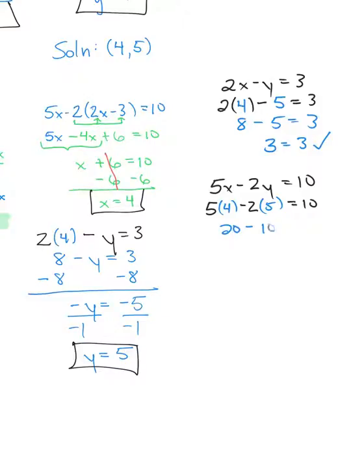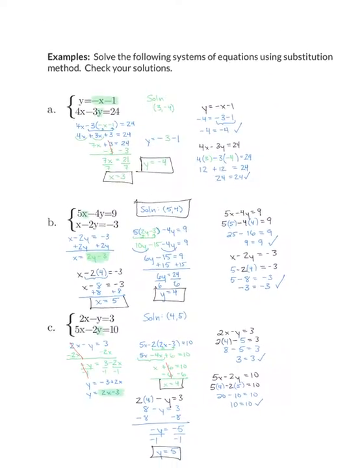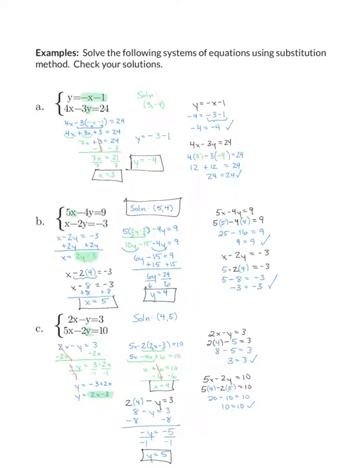Minus 2 times 5 is 10. And we get 10 equals 10. So this does check out as well. So our solution is correct, and that is the substitution method.